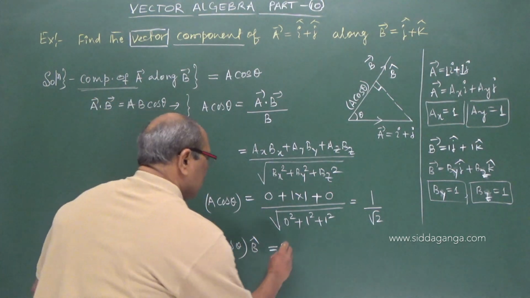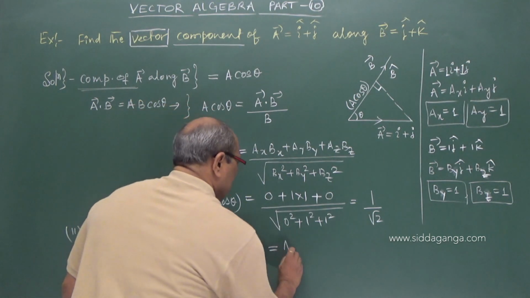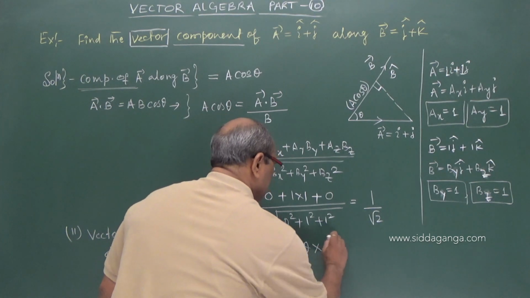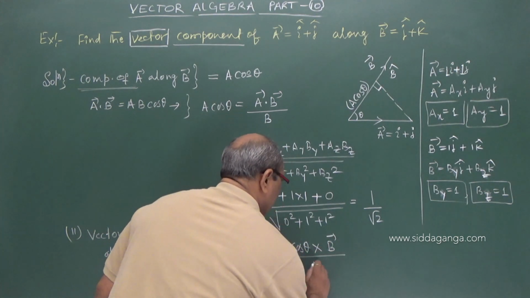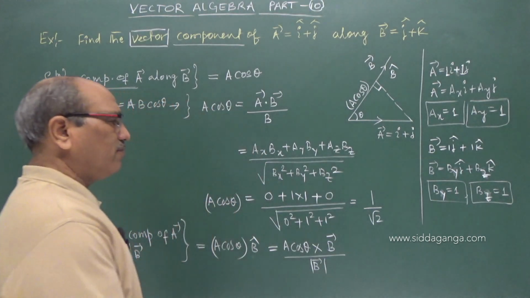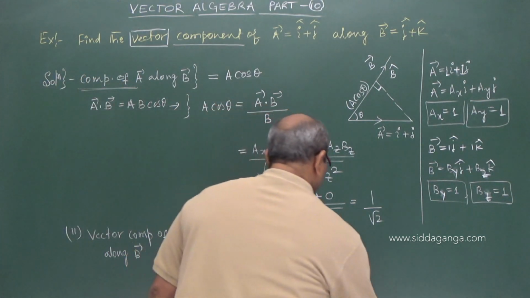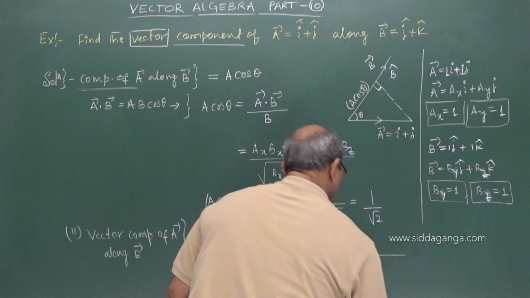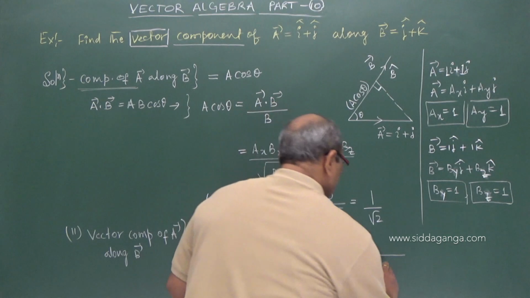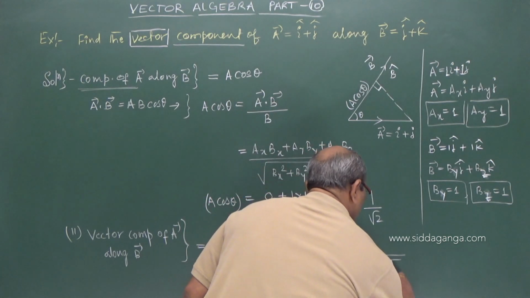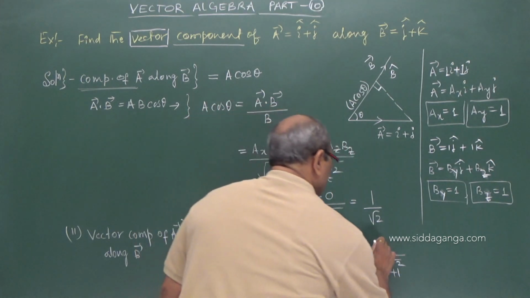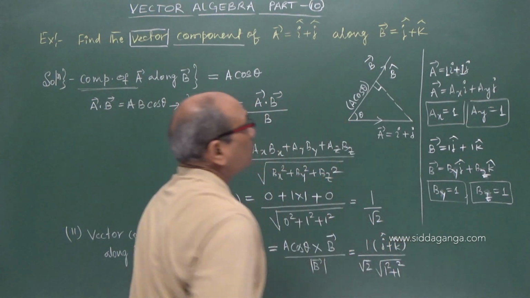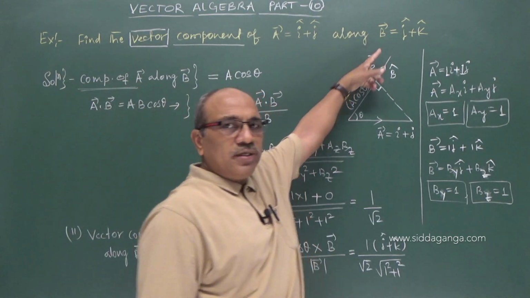So here, for B cap, I can write A cos theta into vector B by B magnitude. Again A cos theta is 1 by root 2. B is root of 1 square plus 1 square, and vector B is j plus k.